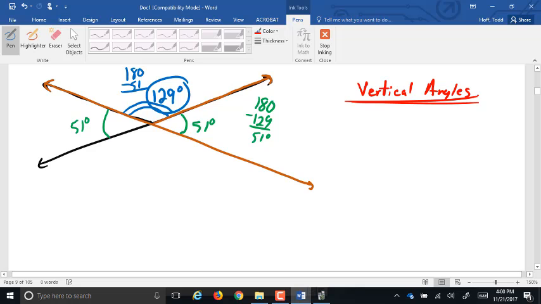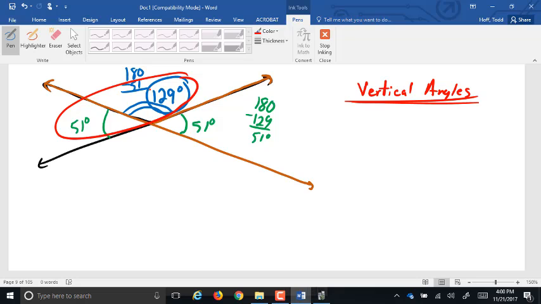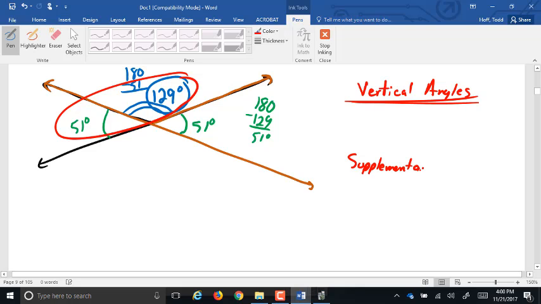When two lines intersect, there are several pairs of angles created. First of all, we have this pair of angles. What's the word we just learned to describe them? They make a straight line or add up to 180. They're called supplementary, right? And we have several pairs of supplementary angles. We have the 51 and the 129 there.